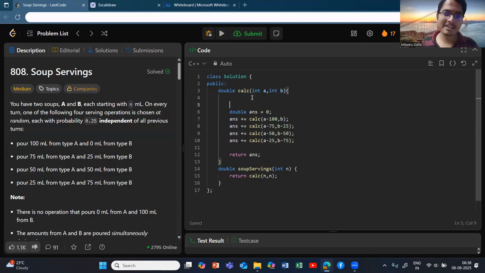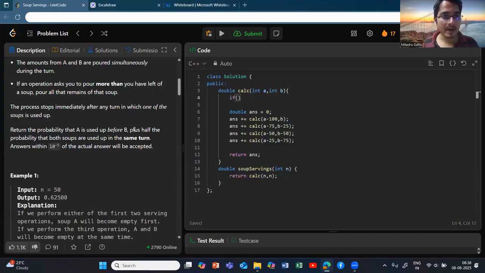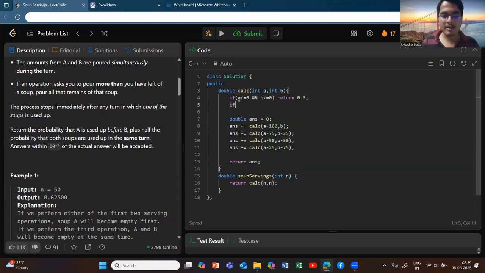Now, what will be the base case of the recursion? The base cases will be something like, if both get emptied first, you want to return half the probability of that. Half the probability that both get emptied at the same time. So if a is less than or equal to 0 and b is less than or equal to 0, if these happen simultaneously, you can definitely return 0.5. And if A is emptying first, you are in favor.